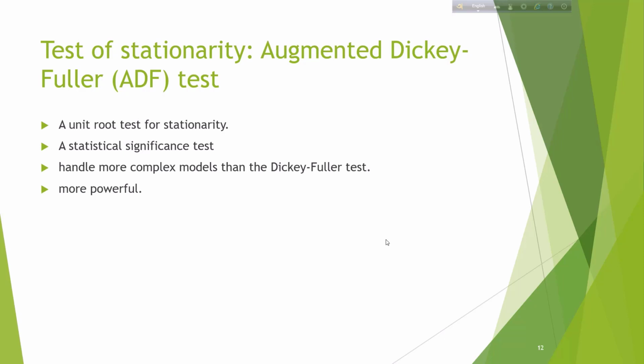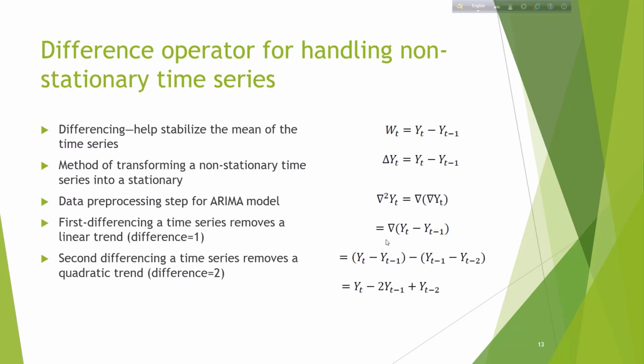Then what can we do? We have to take the difference operator. It is a more suitable approach. The augmented Dickey Fuller test can easily handle more complex models than the Dickey Fuller test, and it is a more powerful test.